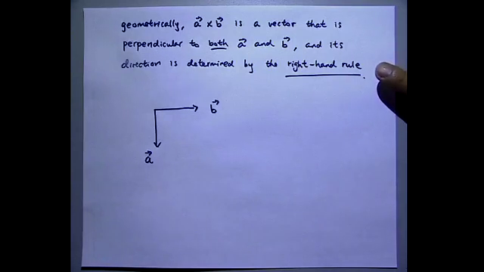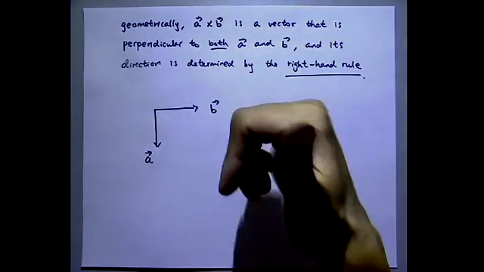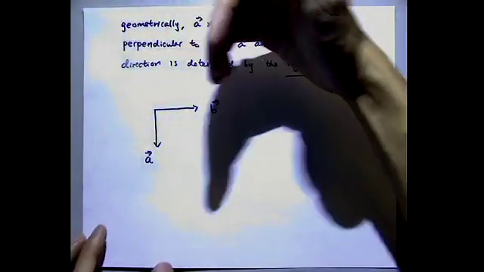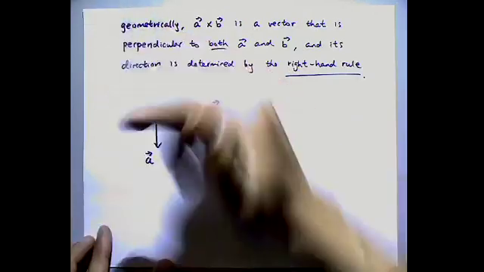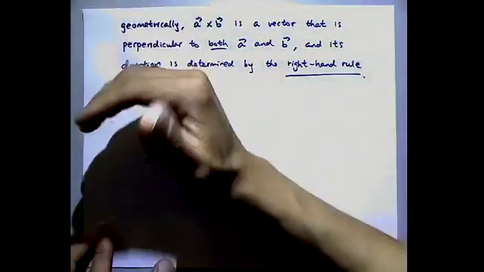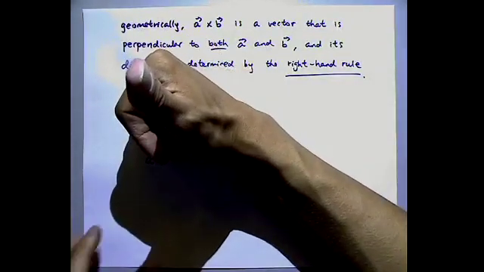The right-hand rule works like this. You take your right hand, not your left, right hand, okay? Stick your thumb out, and then with your other fingers, you sweep the first vector into the second one. So A cross B. When you do that sweeping motion, watch where your thumb is pointing.